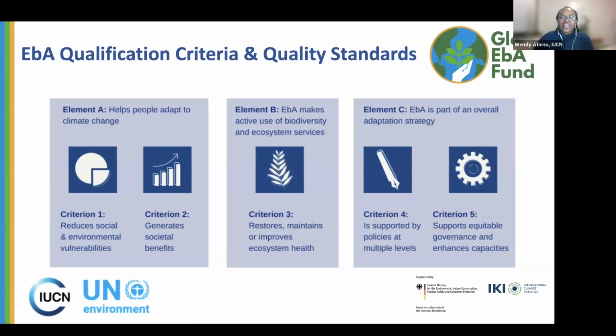One thing to flag here as well, and just to give you a few more definitions, is that what EBA is looking at is adaptation. It's the adaptation piece of addressing climate change. So we need to make a distinction between climate change mitigation and climate change adaptation.